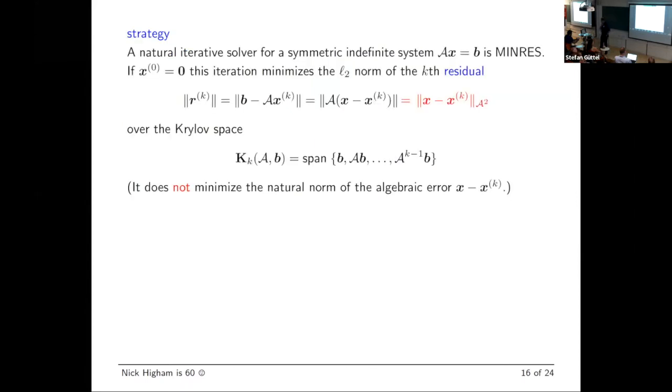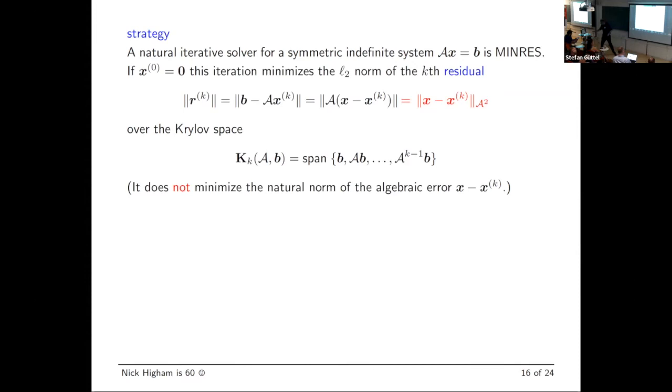Okay, so back to MINRES very quickly. I want to balance these errors, so what I'd like to do is measure the residual in the right norm. In MINRES, the residual is minimized, but that's the wrong norm. If A was symmetric positive definite, we'd be minimizing the A-squared norm of the error. We want to minimize the A norm of the error.